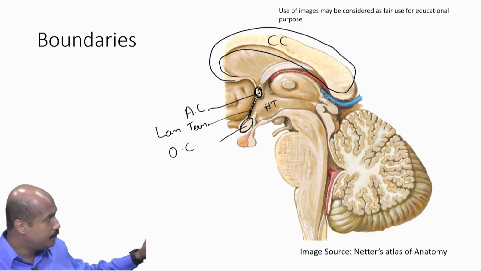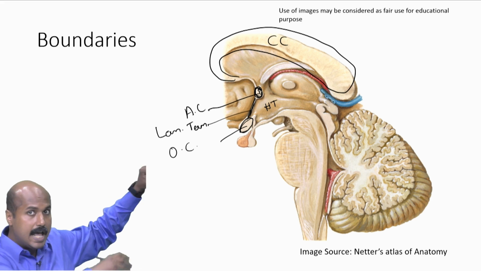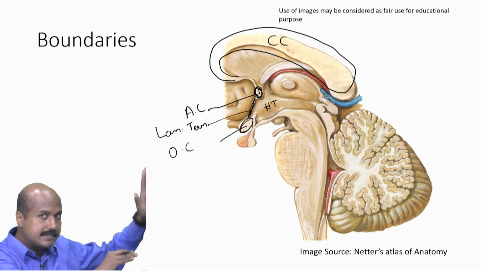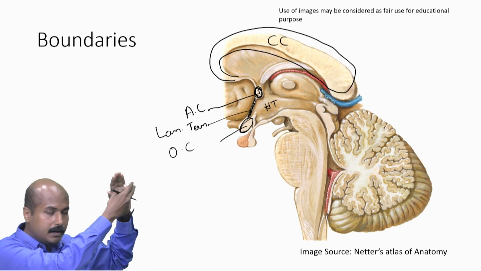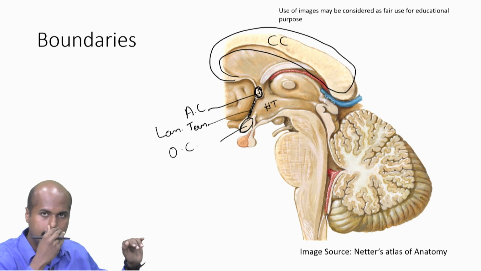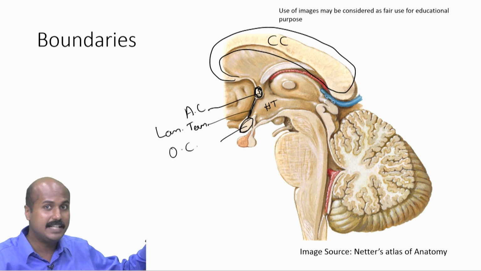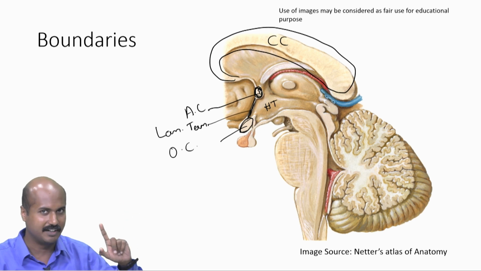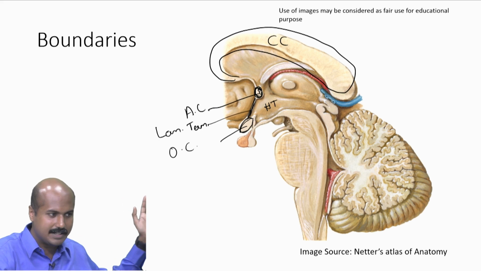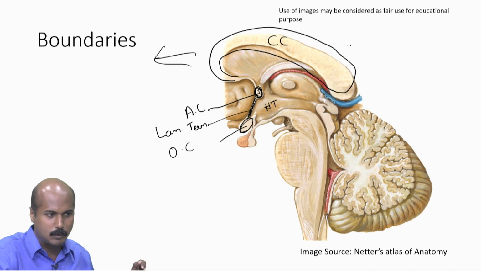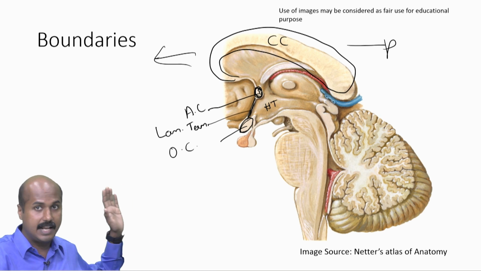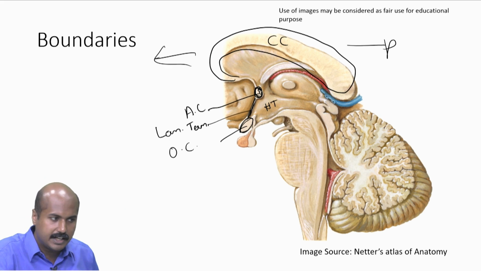So between the anterior commissure above and the optic chiasma below, you can see a film-like structure called the lamina terminalis. So the lamina terminalis will be the anterior boundary of the third ventricle, because this is anterior and this is posterior. So the anterior boundary is the lamina terminalis, and inferiorly you can see the optic chiasma.